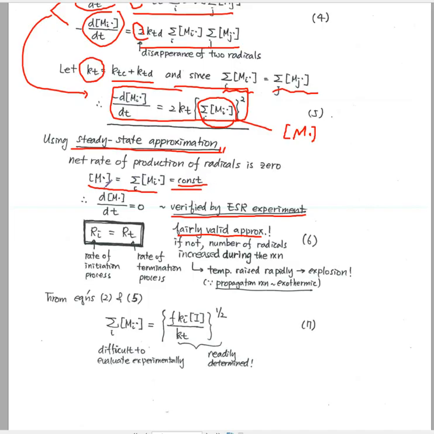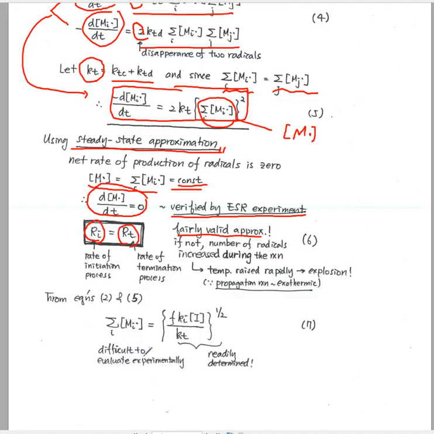So since this is constant, if you take the derivative, it should be 0. Which means that since the concentration of the radicals is constant, the generation of the radicals and the termination of the radicals, the rate of each should be the same. Basically, the initiation rate and the termination rate should be the same.